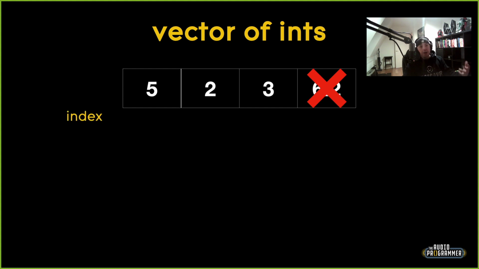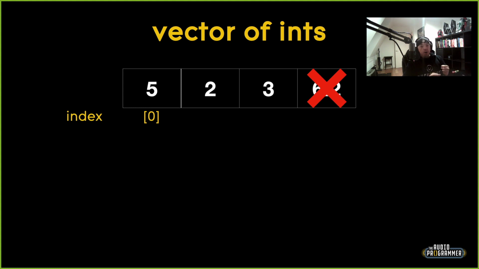When we talk about an index, the index means what element in this vector we are trying to look at. So the interesting thing about most, I would say probably 98% of computing languages, is that there's this funny thing that happens where we start counting with 0 rather than counting with 1.